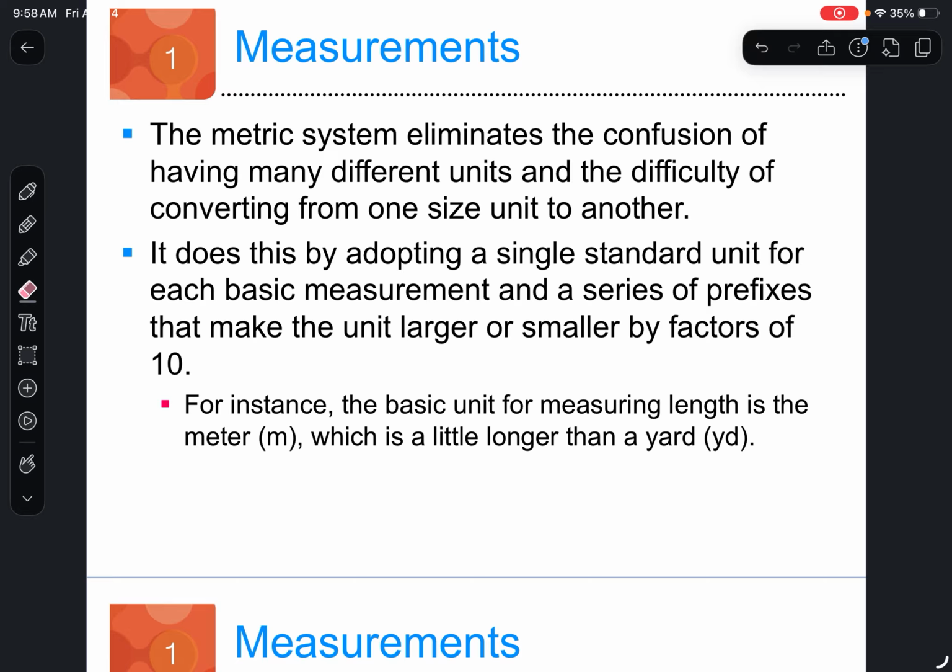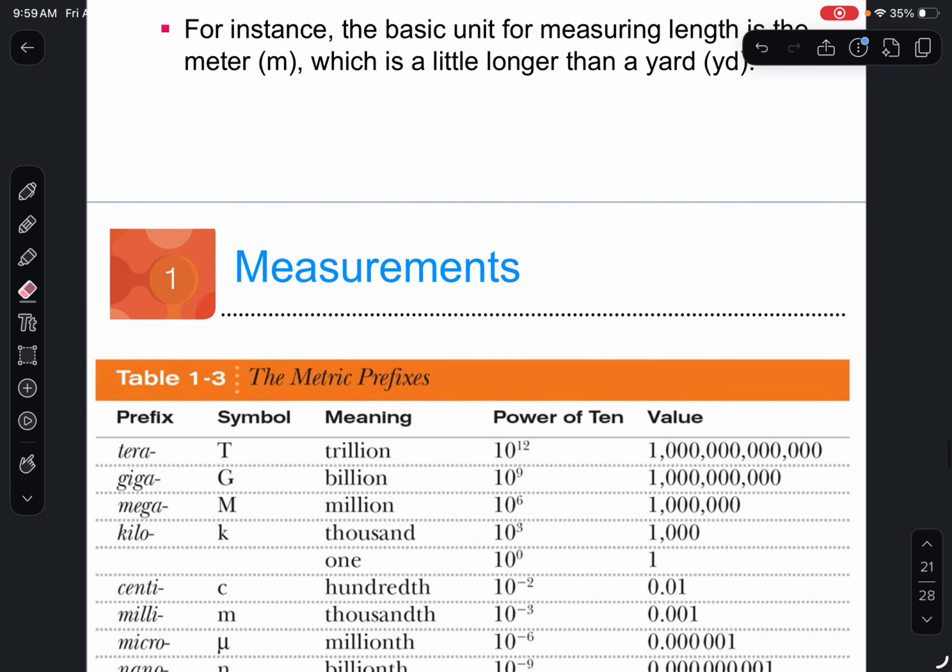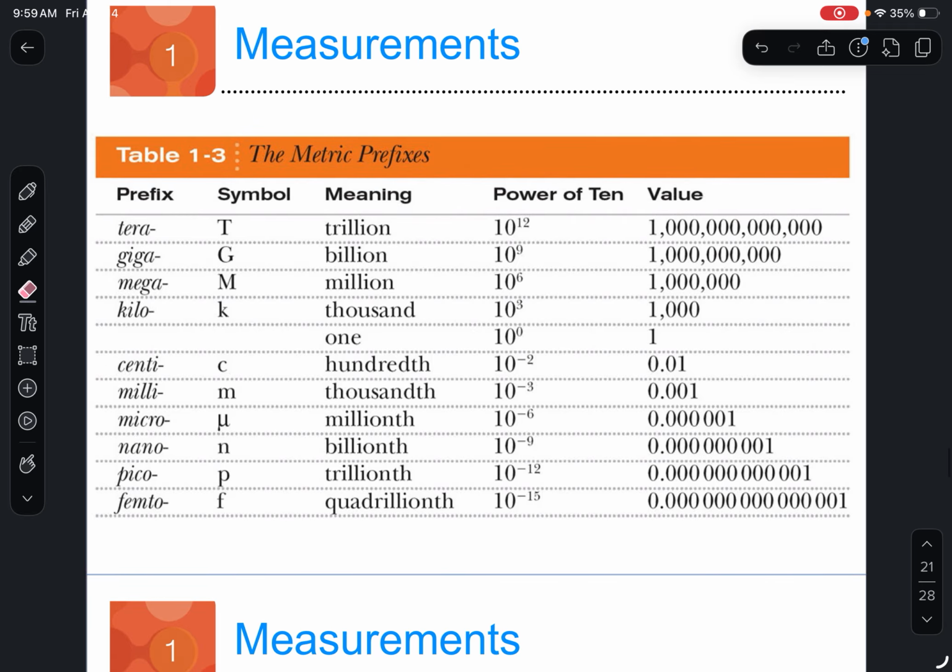We're used to measuring things by feet, miles, sometimes yards. Well, for instance, the basic unit in the metric system is the meter, which is a little longer than a yard. This table shows you the different metric prefixes and what they mean and their abbreviations.